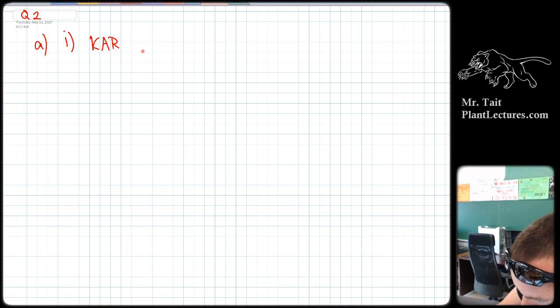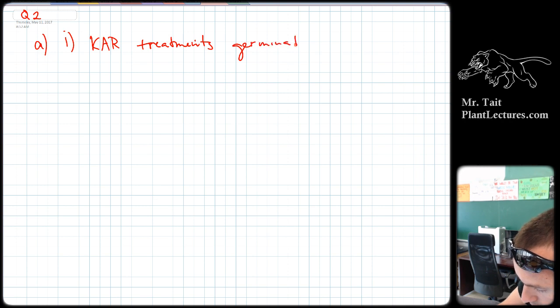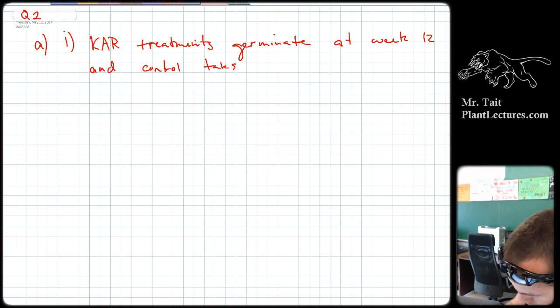KAR treatment seeds germinate at week 12, and the control takes how many weeks? Like 18, roughly. I don't know. About 18, maybe 16, something like that.